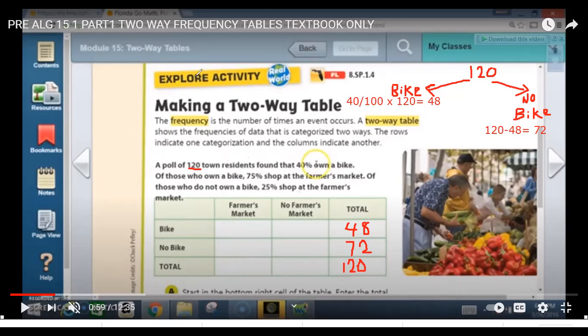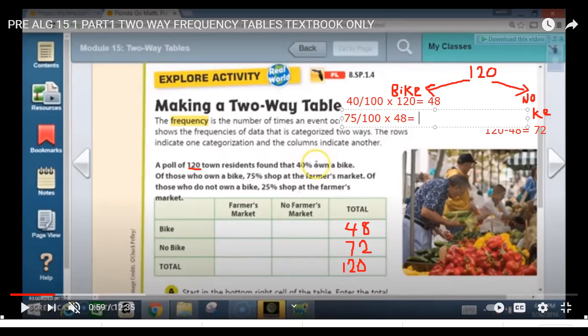So what we have to do now, we will calculate what? 70% multiplied by how many? 48.